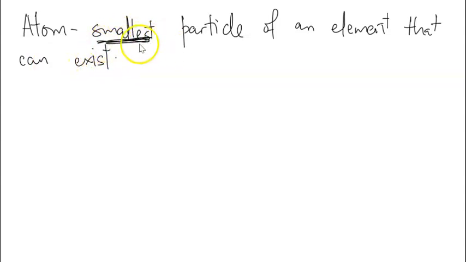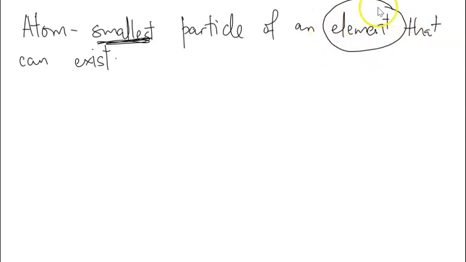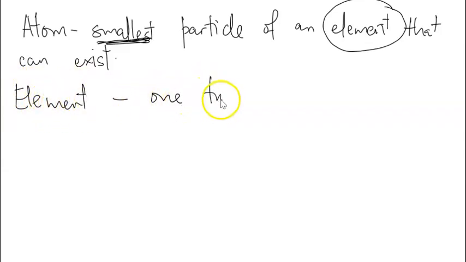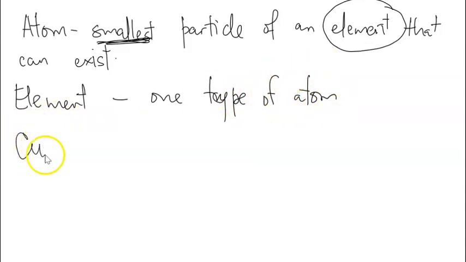So smallest, very important. Element. Now an element will consist of only one type of atom. For example, we have the element copper.